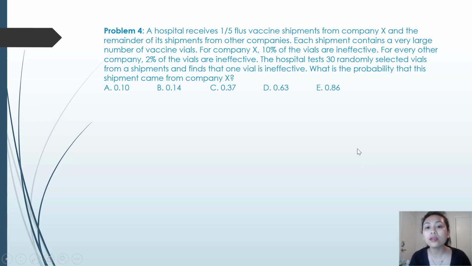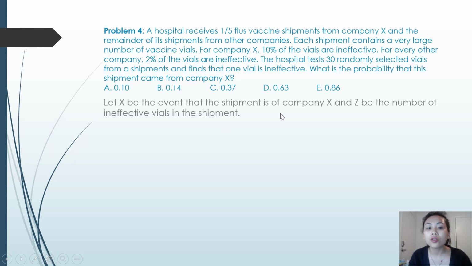So here one event has already occurred, and we need to find the probability of the other event. The event that among 30 randomly selected vials, one vial is ineffective has already occurred. Let X be the event that the shipment is from company X, and Z be the number of ineffective vials in the 30 vials.